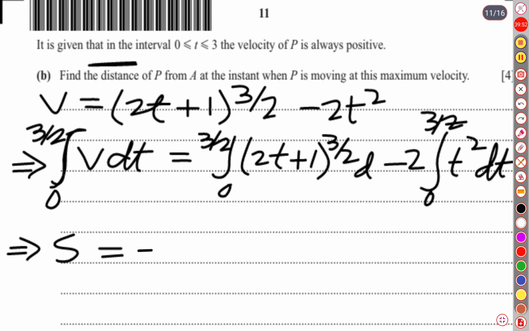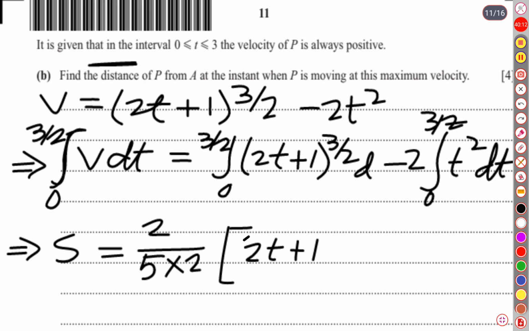first of all, if we increase this power, it is going to be 5 over 2, so 2 over 5, and if we integrate the internal function, this 2 will go down, and our function is going to be now 2t plus 1 to the power 5 over 2.